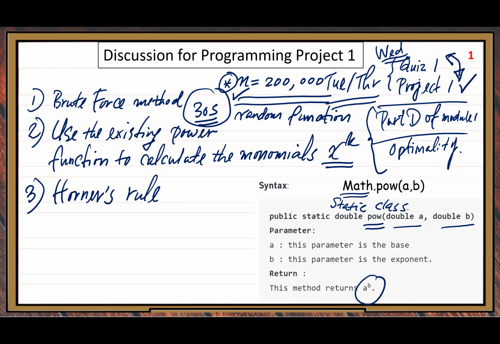Anyway, here we just use Math.pow(a, b). So you can find the answer, this monomial answer. Then you do the remaining multiplications and additions, so you can do method number 2 in this way.